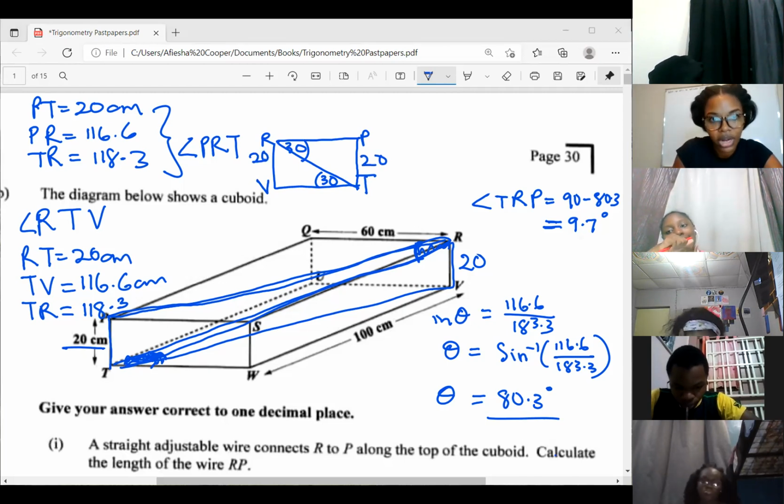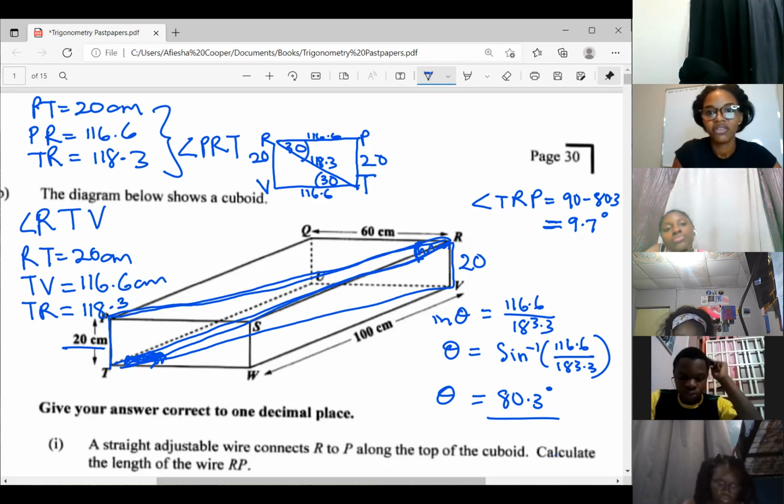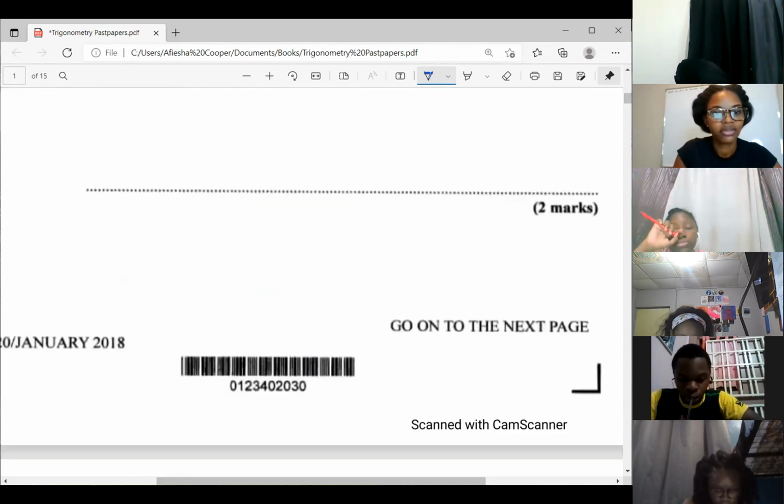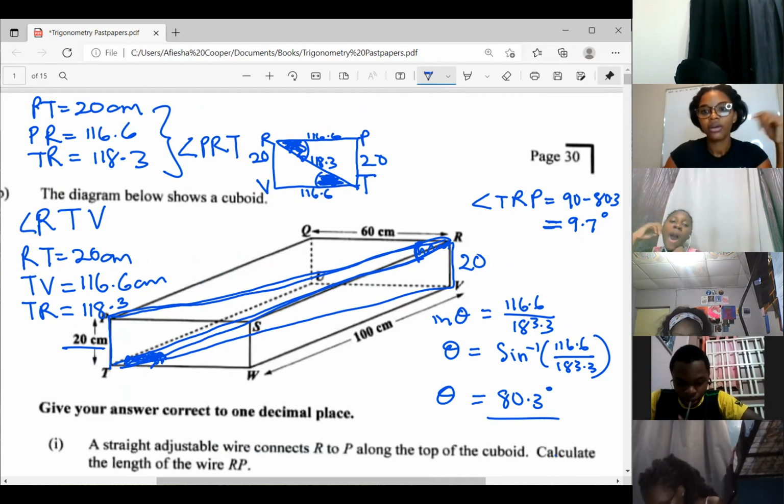This will be 116.6, this will be 116.6, and this middle line joining both of them will be 118.3. So between the 118.3 and the 116.6, in both of them, you'll create that 30 degrees angle. If it's 30 degrees, I can't remember. Same angle. Yeah? We're good with that? Any questions there?